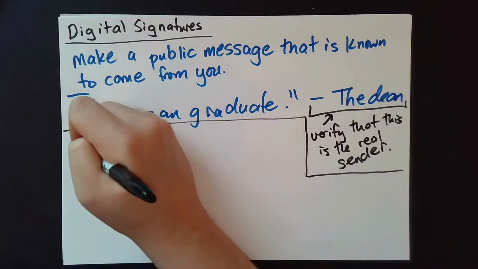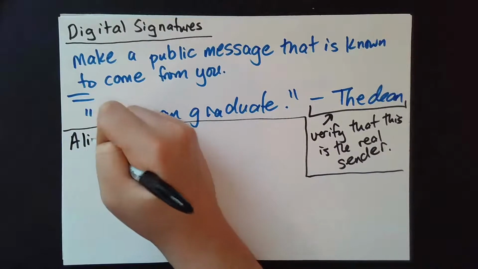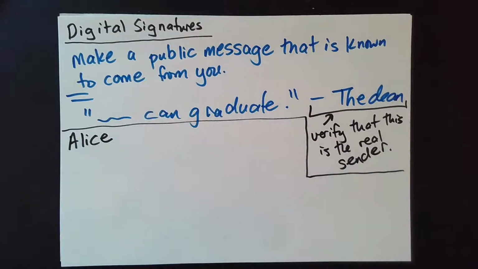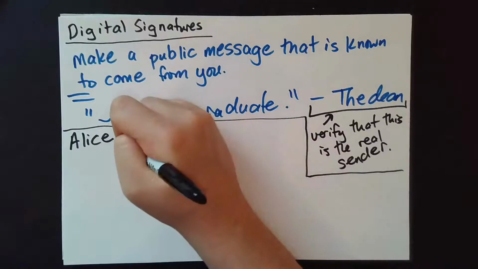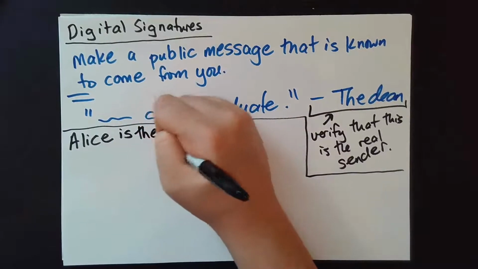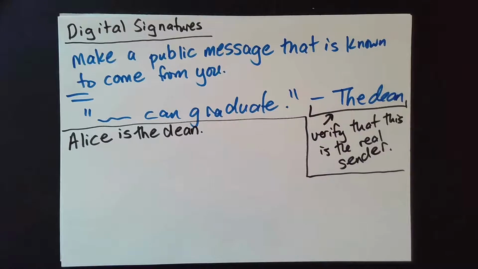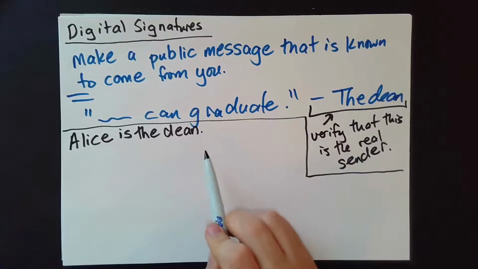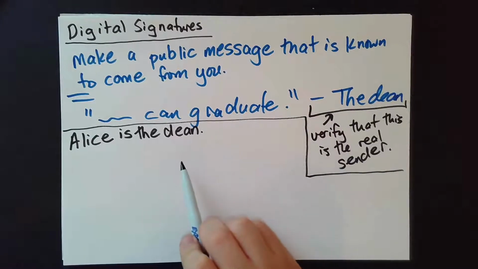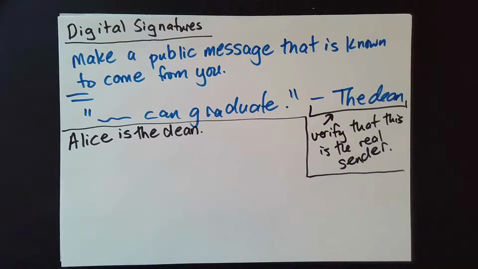So let's put this back in our fantasy universe with Alice, Bob, and Eve. Let's imagine that Alice is the dean. Remember that Alice is publicly associated with her public key.